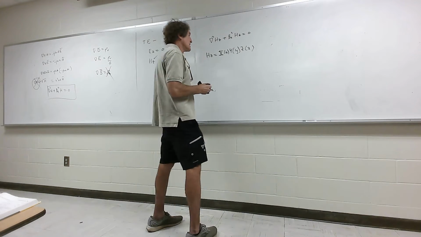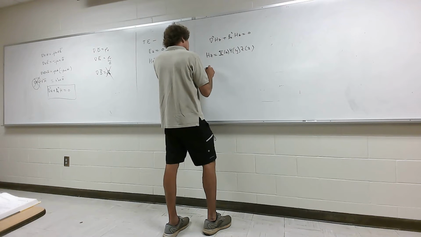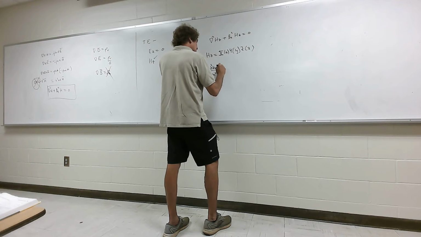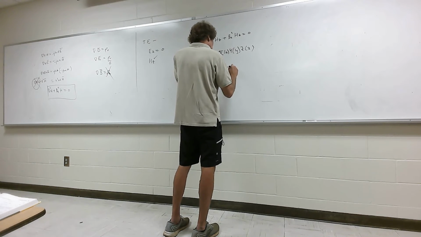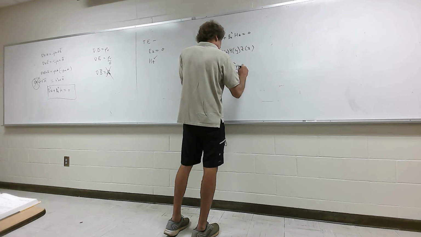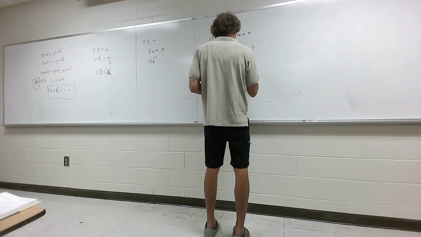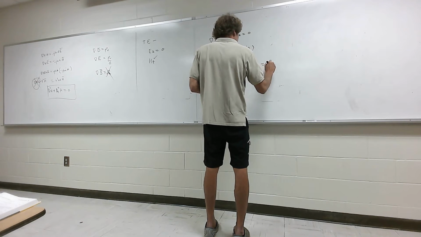We'll get those later. So when we put them into this equation, I get the second derivative of HZ with respect to X squared, plus the second derivative of HZ with respect to Y squared, plus the second derivative of HZ with respect to Z squared, plus beta unguided squared times HZ equals 0.